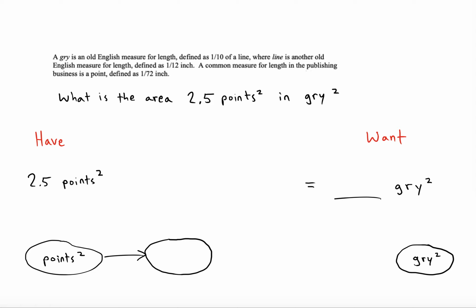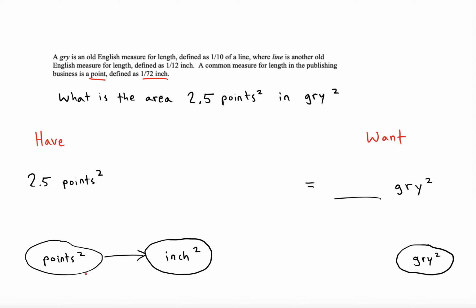But you can't go direct from points squared to GRY squared because that conversion is not given. But what we could do is go from one step to the next. All right, so where do they talk about points? Oh, right here. A point is defined as 1/72 of an inch. So we could go from points squared to inches squared as our first step because we have that equivalency.